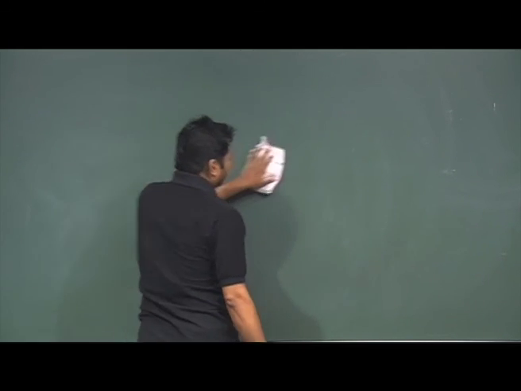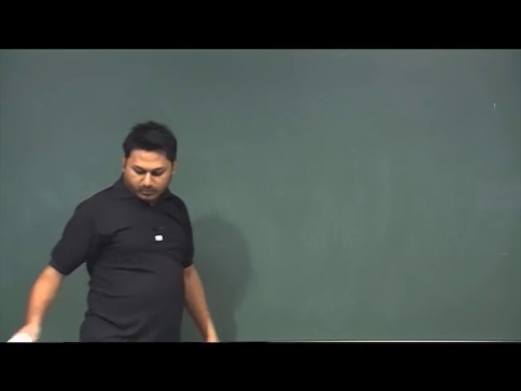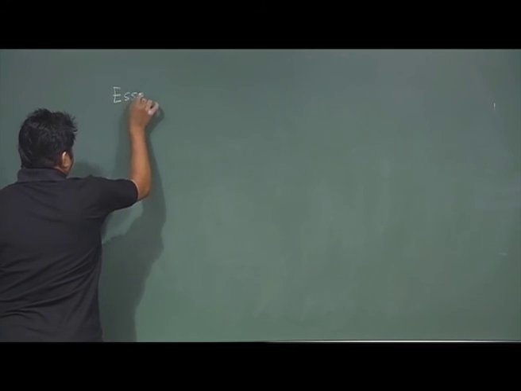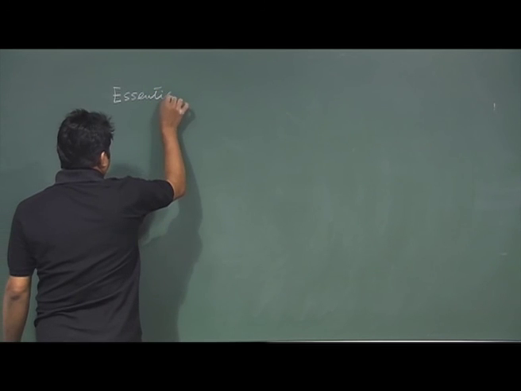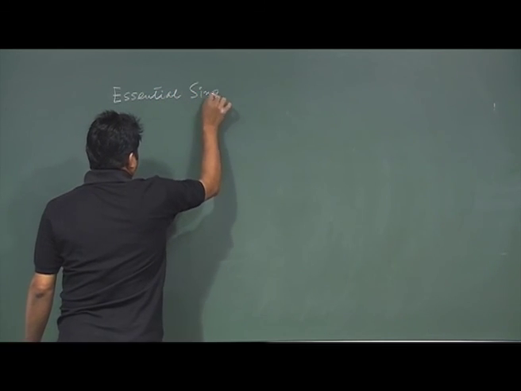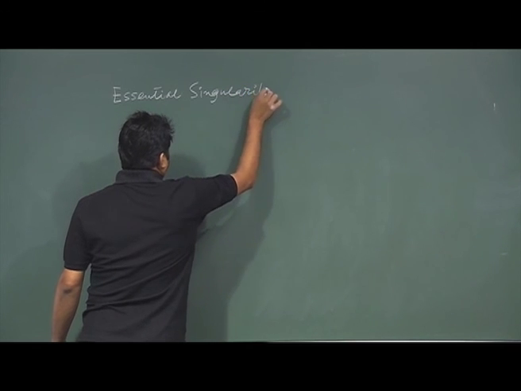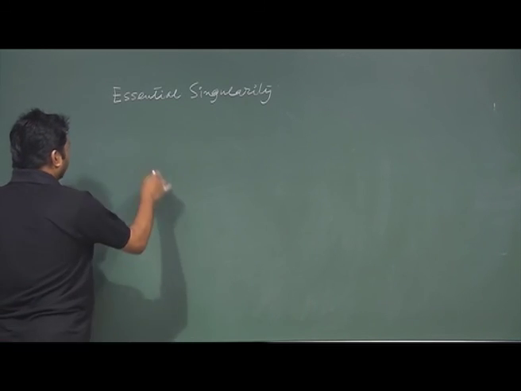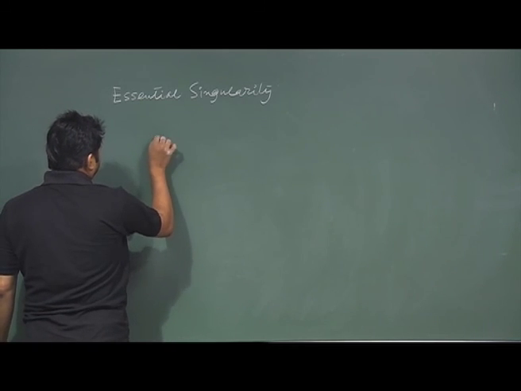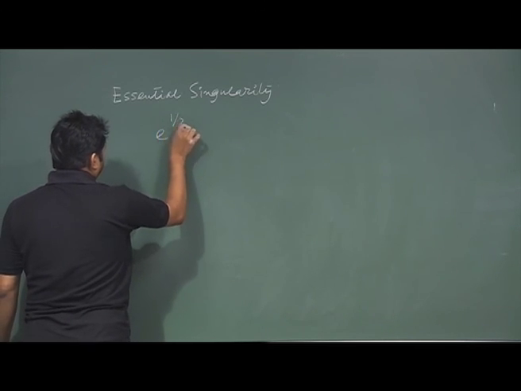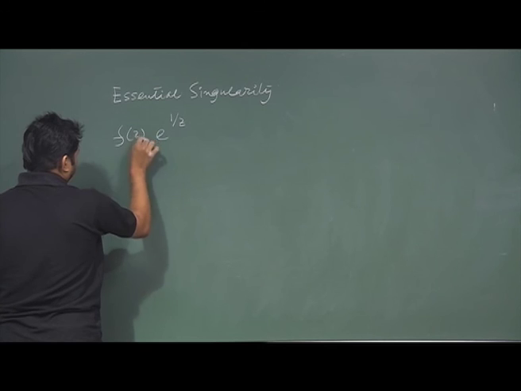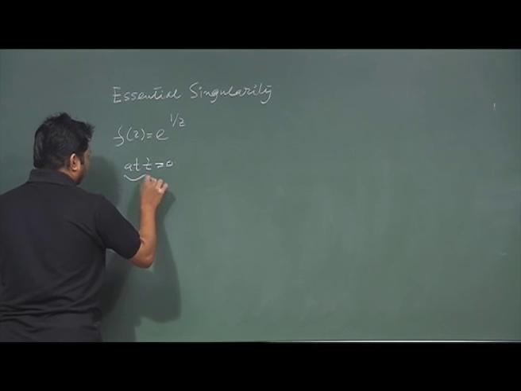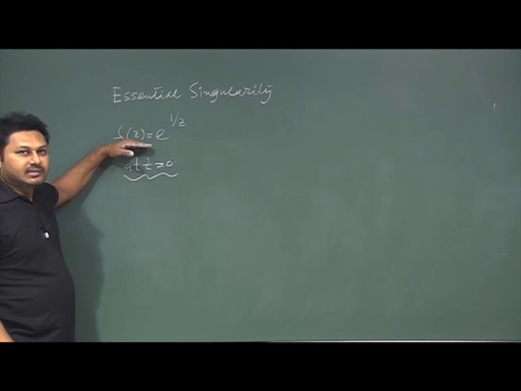Another kind of singularity, with which I will end. In the next class we will go more into singularity. Today we do not have much time. It is called essential singularity. Essential singularity is the singularity which we can't remove. For example, the function e to the power 1 by z. At z equal to 0, this function has an essential singularity.